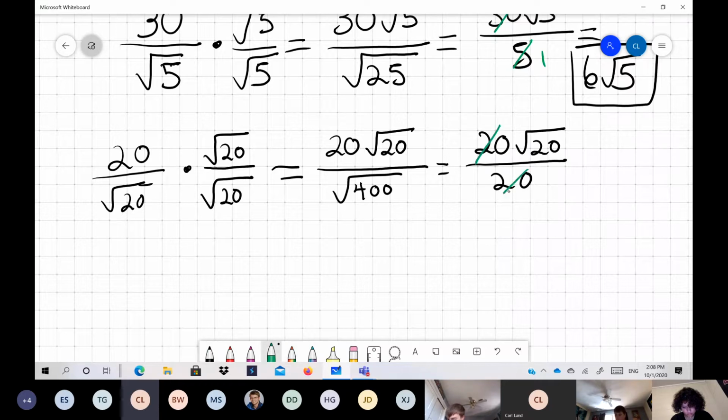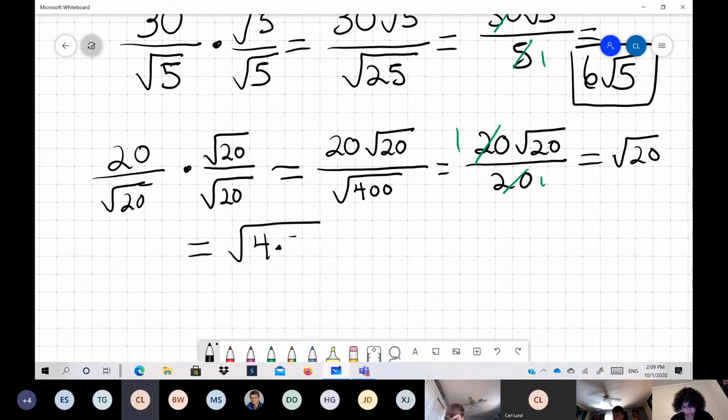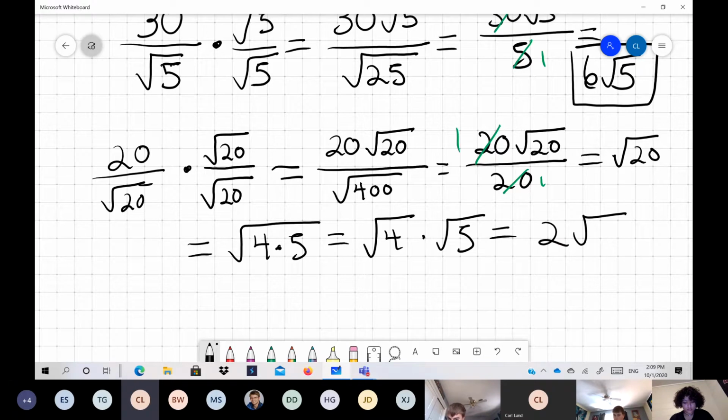And then I can simplify, and my answer is the square root of 20, which I then need to simplify, of course. The square root of 20 is the square root of 4 times 5, which is the square root of 4 times the square root of 5. And so I get at the very end 2 times the square root of 5.